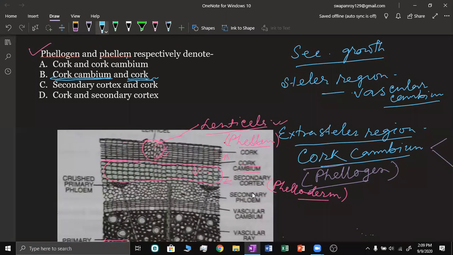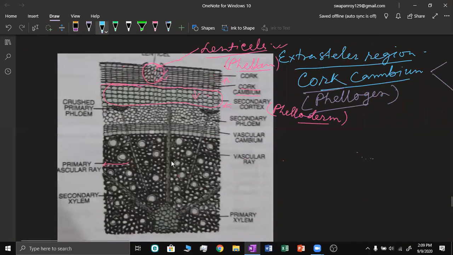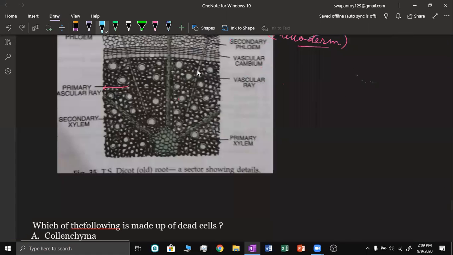Phelloderm is the secondary cortex. Here you can see the secondary growth, that is, this is the vascular cambium. This side is xylem formation, this side is secondary phloem. Secondary phloem, this side is xylem.